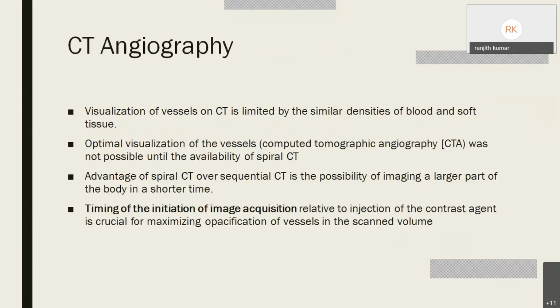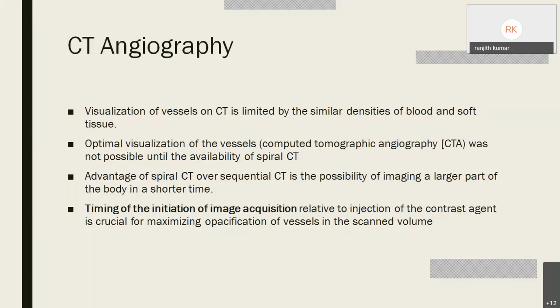Coming to CT angiography, the visualization of vessels is limited because of the densities. That is, muscle and blood have almost similar density. To improve this imaging, we use contrast.